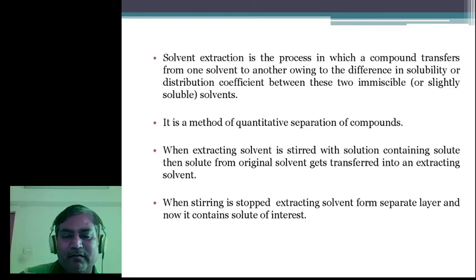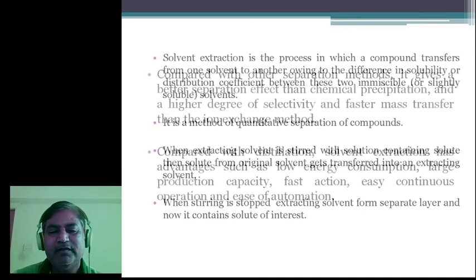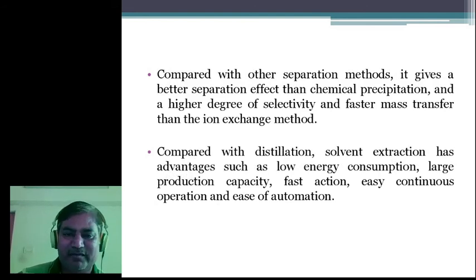Then leave it for some time, and some of the solute gets distributed into the other solvent. The extraction process starts. Whenever two layers are separated, benzoic acid gets somewhat distributed in the organic layer, and it is also distributed in the aqueous layer.